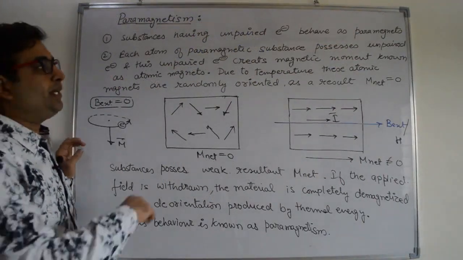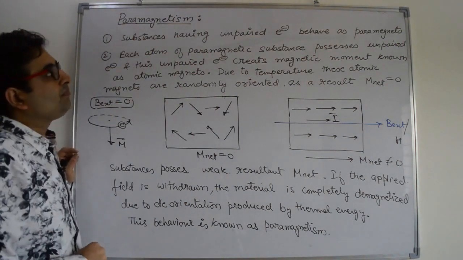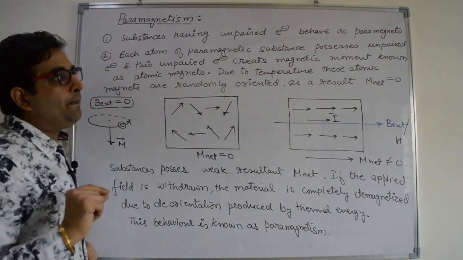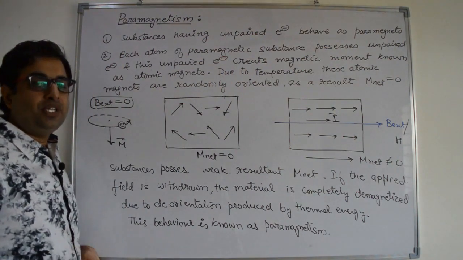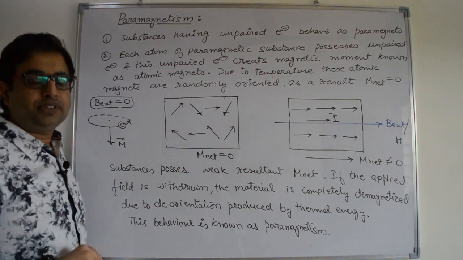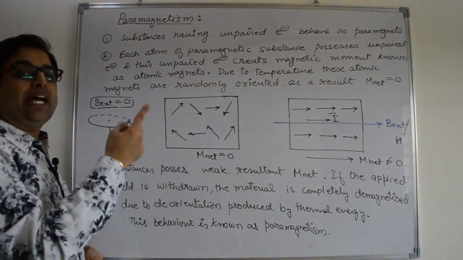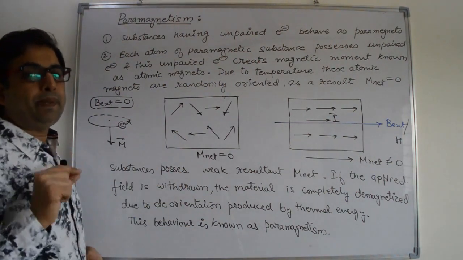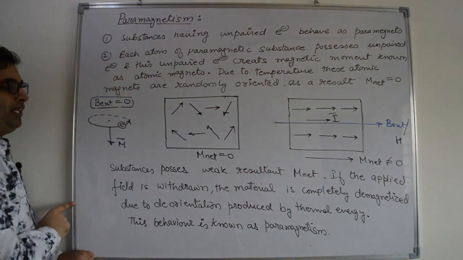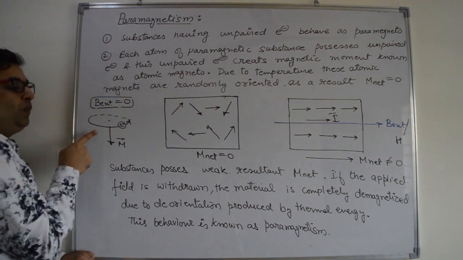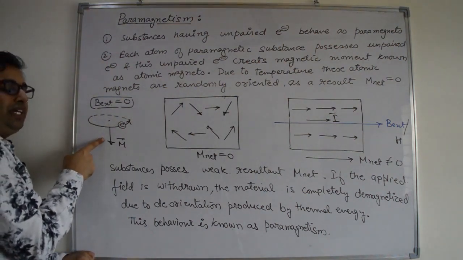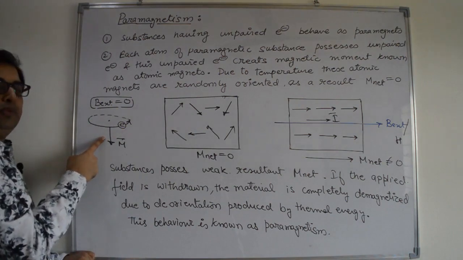Second property is paramagnetism. Substances having unpaired electrons behave as paramagnets. So here the condition is unpaired electrons, whereas the condition in diamagnetic material is paired electrons. So in this paramagnetic material we have only one unpaired electron, that will create individual magnetic moment.